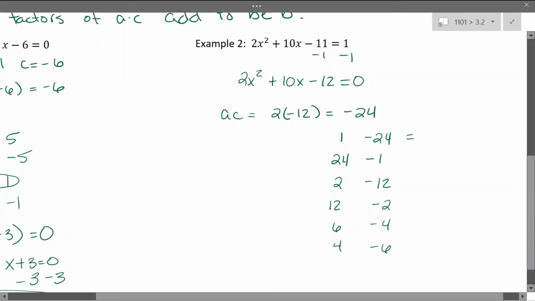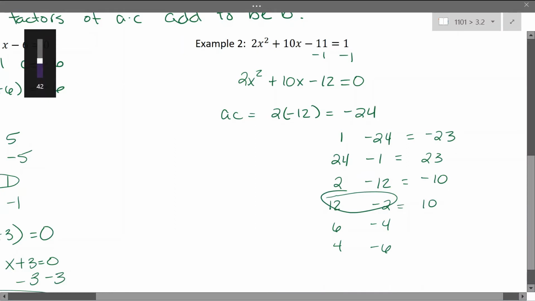So let's see if any of those add to be b. So first we get negative 23, and then we get positive 23. Then we get negative 10, and there's our positive 10. So this is what we're looking for.